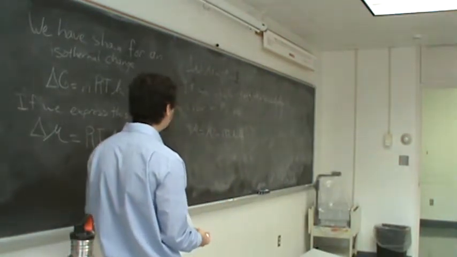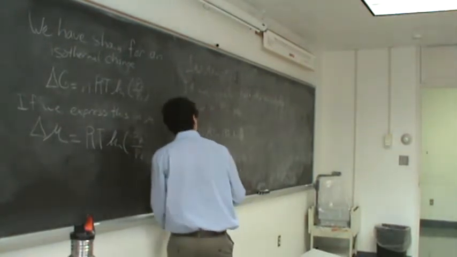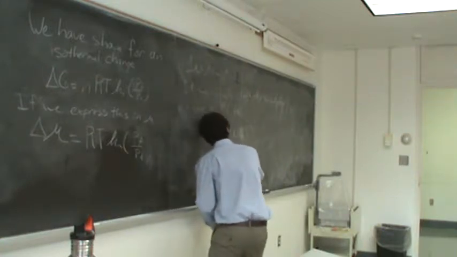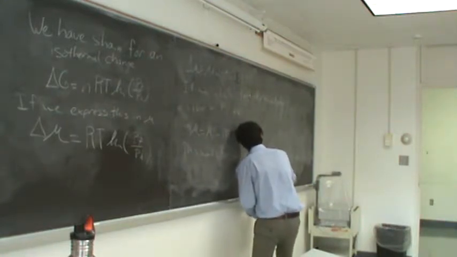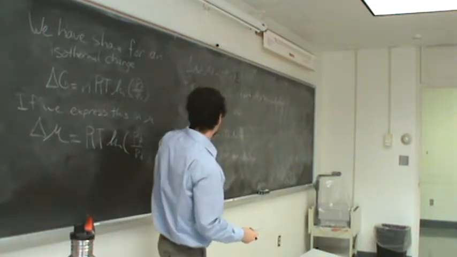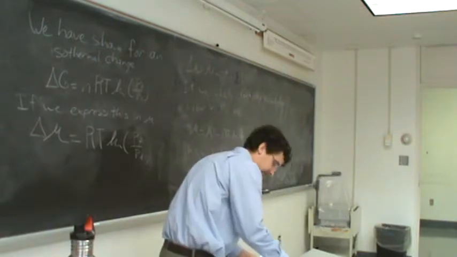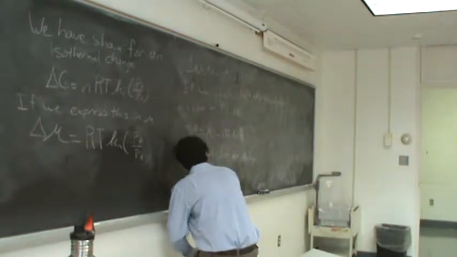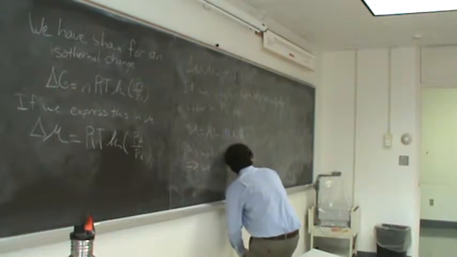We've talked about that a couple of times. So this works for an ideal gas. What we've done is just manipulate this equation around. We said mu is equal to that. This works for an ideal gas. What about real gases? What are we going to have to incorporate in there? Fugacity. Yep. We need fugacity for real gases.